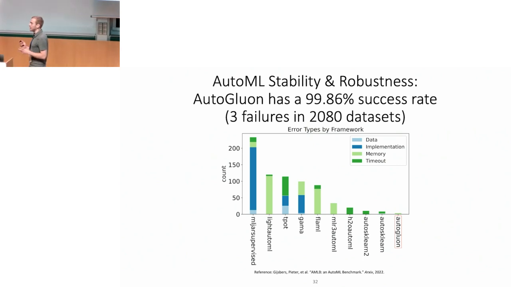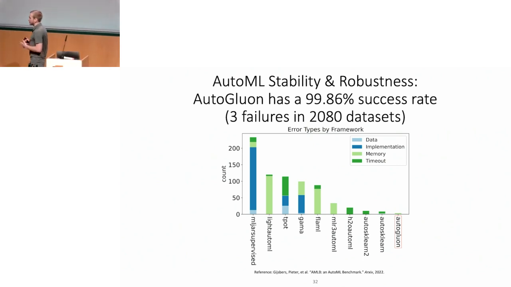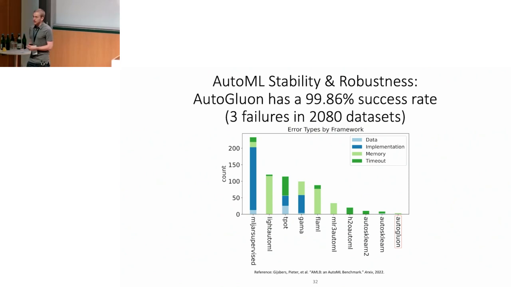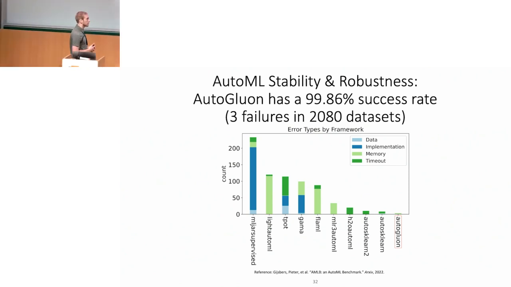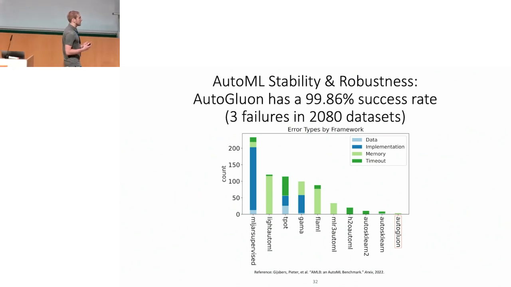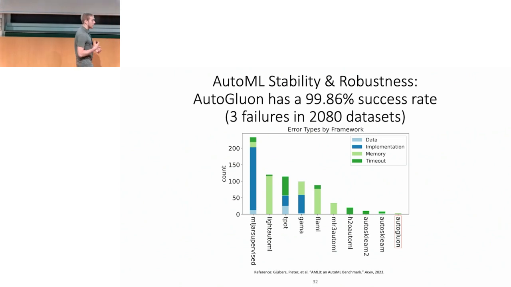In terms of stability and robustness, AutoGluon is very stable. We've spent a lot of time ensuring that our memory estimates when we go to train models work well. We basically calculate, given the data, what the memory expectation is, and then when we do parallel training, we limit the number of parallel jobs based off of the memory estimate.